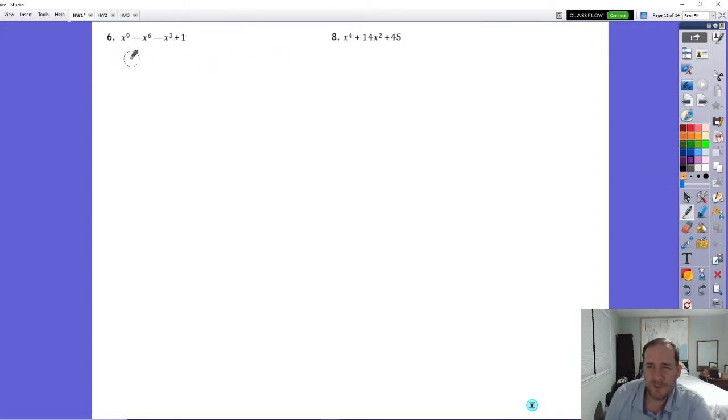Another factoring by grouping. Factor out x to the 6th to be left with x cubed minus 1. Factor out negative 1 to be left with x cubed minus 1. And then factor out the x cubed minus 1 to be left with x to the 6th minus 1.